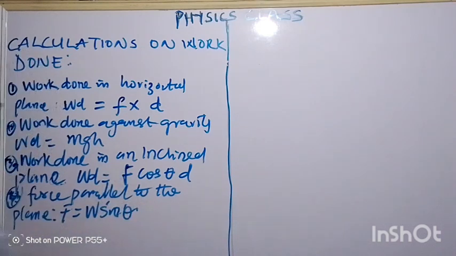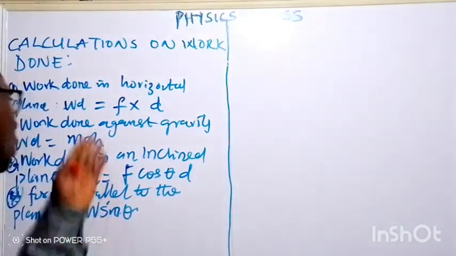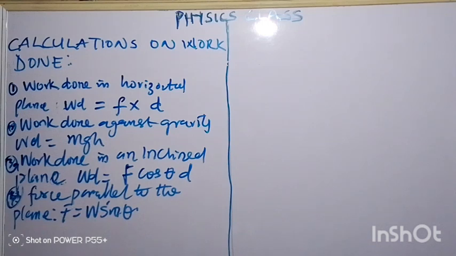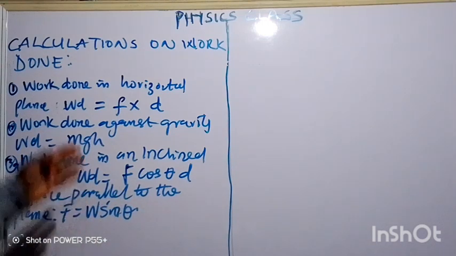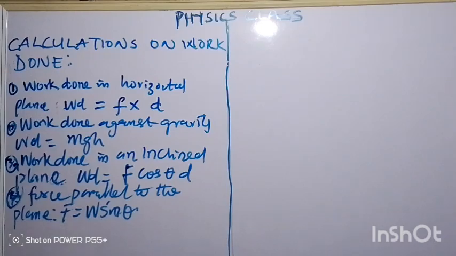That is force parallel to the plane, either to pull up or to pull down the object. So we came across all these formulas in our last lesson. Today, our calculation will be on how to apply all these formulas to solve problems.